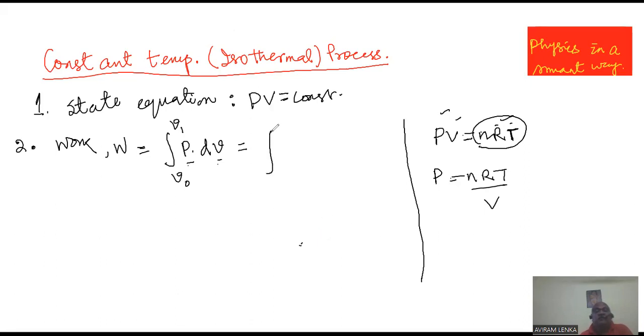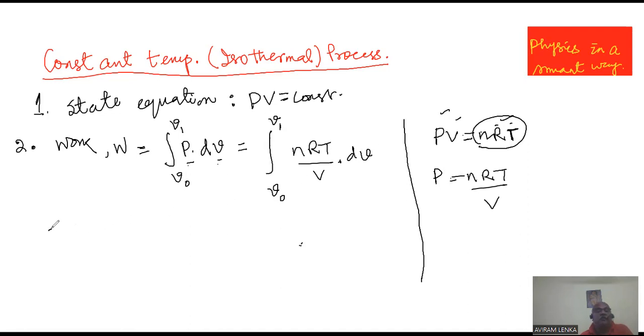As you go for the integration, starting from initial volume V0, if the gas expands to final volume V1, the integration of PdV, where P can be expressed as nRT by V, becomes integration of nRT by V dV.